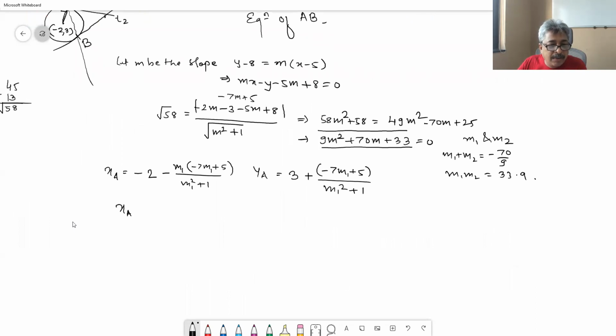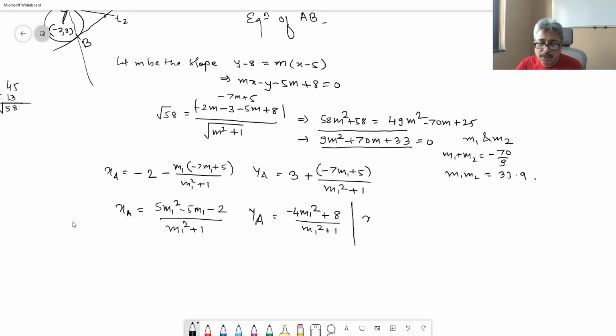So xa will look like -2 m1 square plus 7 m1 square is 5 m1 square minus 5 m1, and what is the constant? -2, upon m1 square plus 1. ya is going to be 3m1 square minus 7, so -4m1 square, then plus 3 plus 5 plus 8 divided by m1 square plus 1, and now xb is the same except with m2.